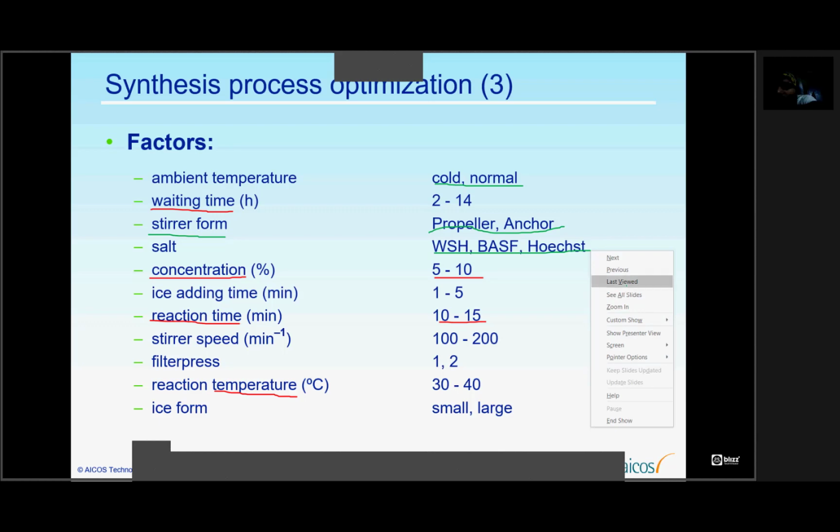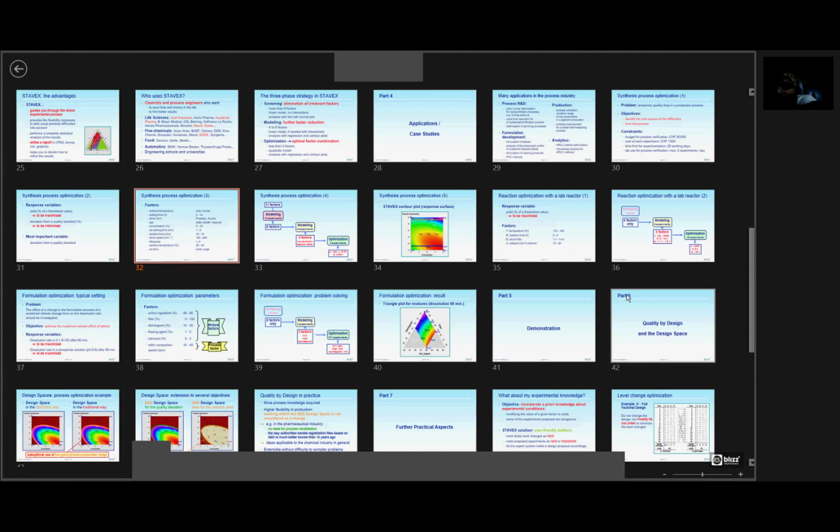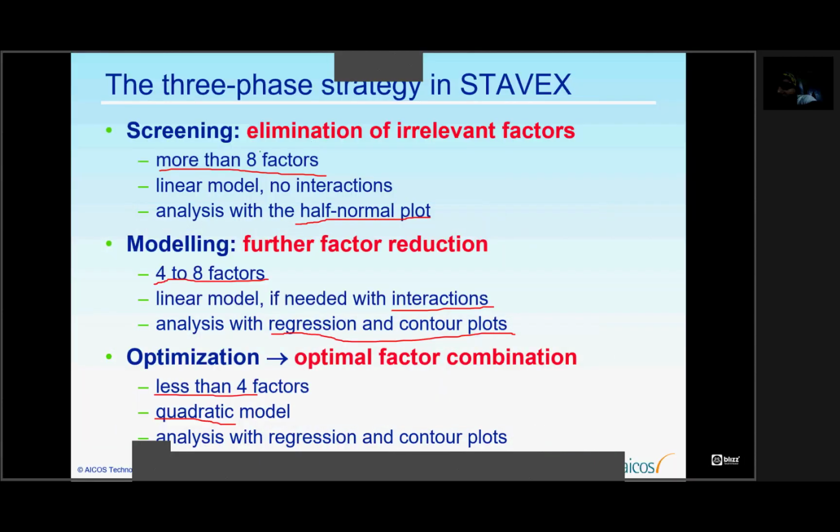So I'd like to recall what we said before. We said the strategy has 3 steps, and in STAVEX, it runs like this. It tells you if there are more than 4 factors here, then one should apply the screening, which is the initial phase of the strategy.